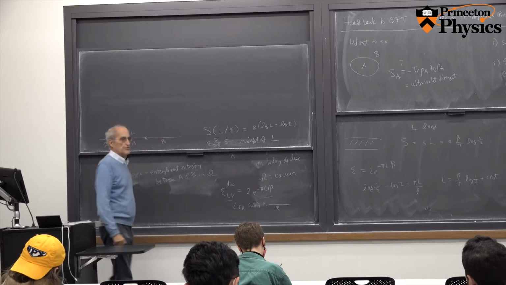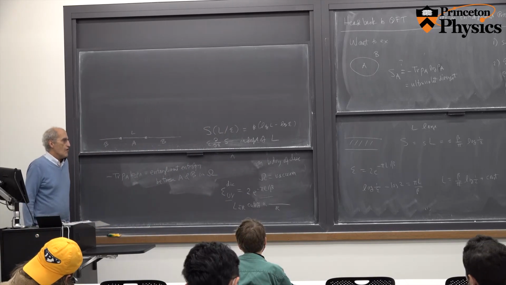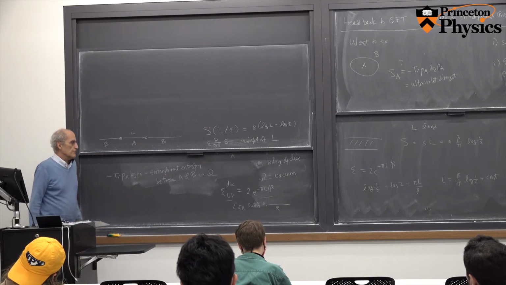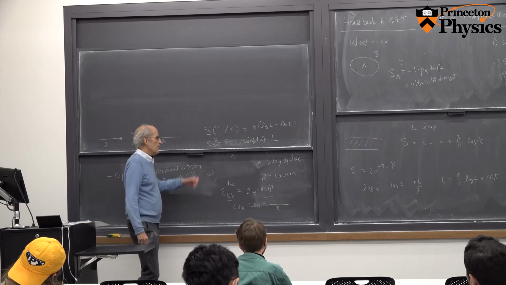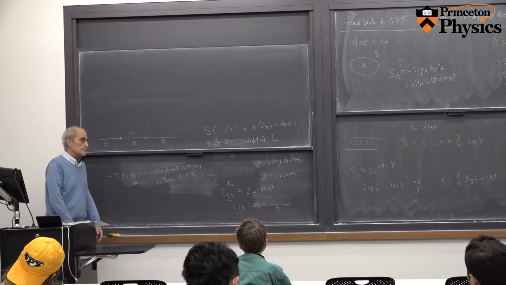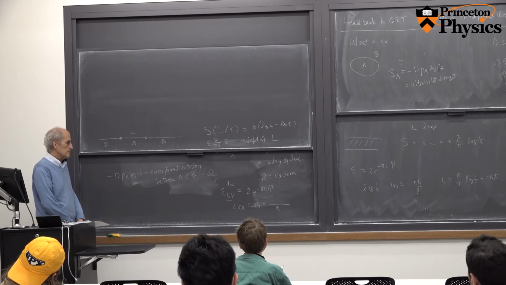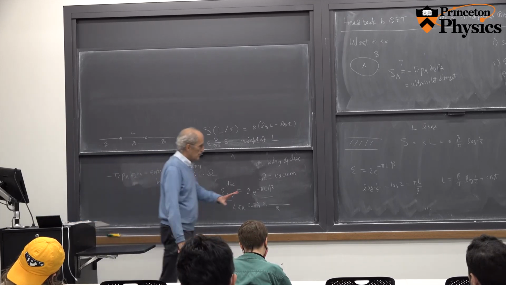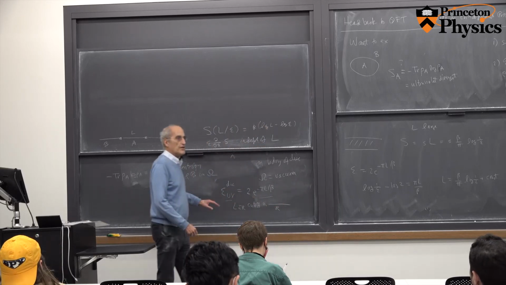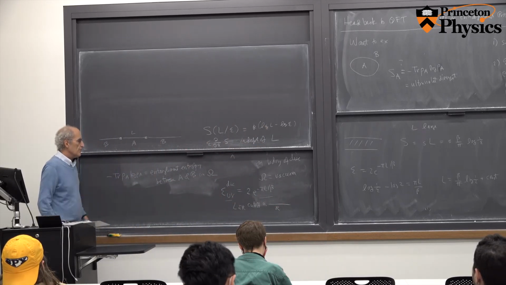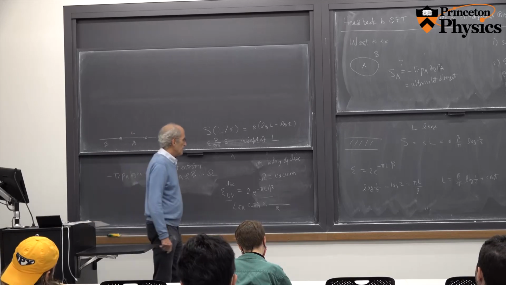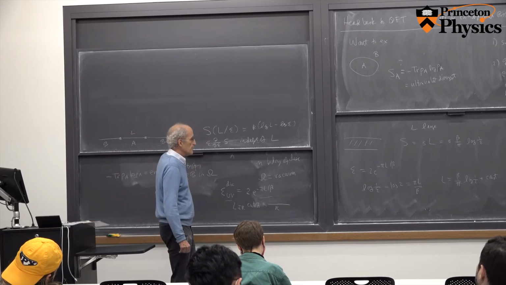That's the most general function of L over epsilon that satisfies the fact that the epsilon dependence is independent of L. And then we computed with the replica trick, and we found the coefficient of the logarithm. So in today's discussion, again without any computation, just on very general grounds, we've discovered that the entropy has to have a logarithmic divergence.